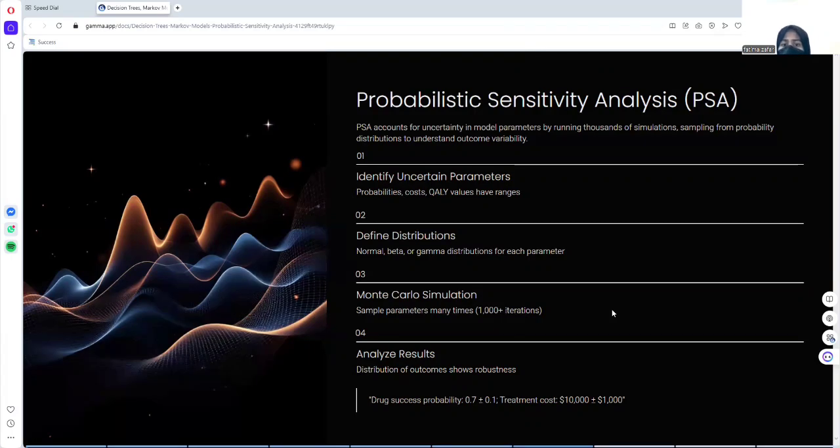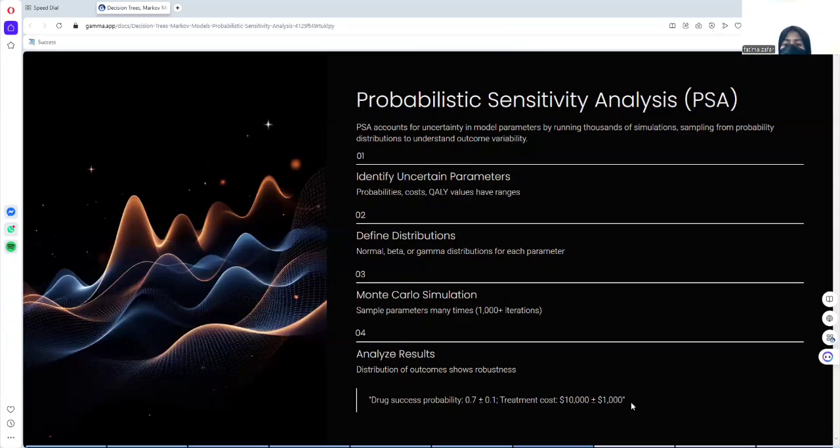Probabilities, costs, and QALY values having ranges. After that, define the distribution, that is normal, beta, or gamma distribution for each parameter. After that, Monte Carlo simulation, that is sample parameters many times, 1000 plus iterations, then analyze the result.